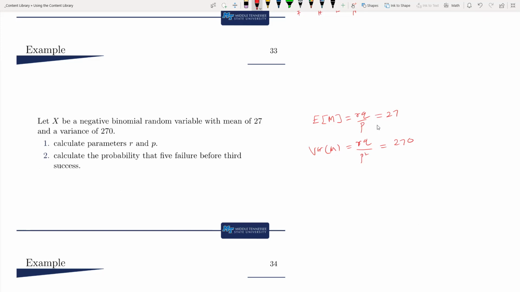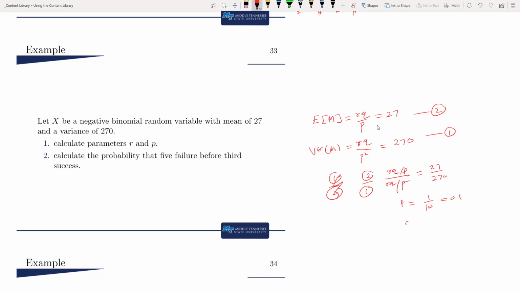You can solve for P first. Call these equations 1 and 2, and divide 2 by 1. That gives RQ over P squared divided by RQ over P, which is 270 over 27, and that is 1 over 10. So P is 0.1.